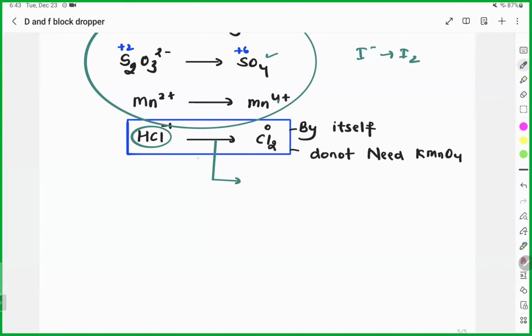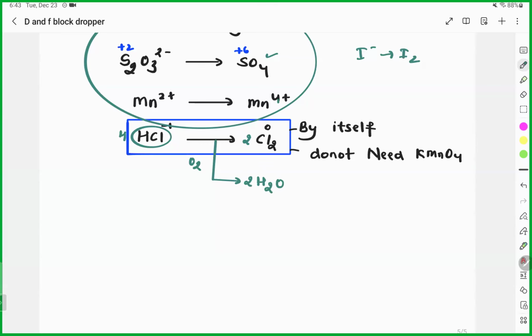It reacts with the oxygen, it will produce H₂O vapor, and chlorine will remain. Correct? You can take the example of 4 molecules of HCl, here 2 molecules, and then balance this. Correct? Any doubt?